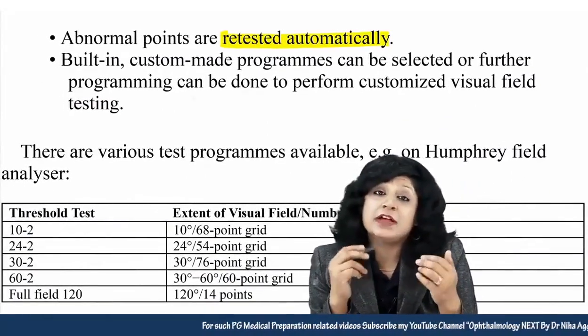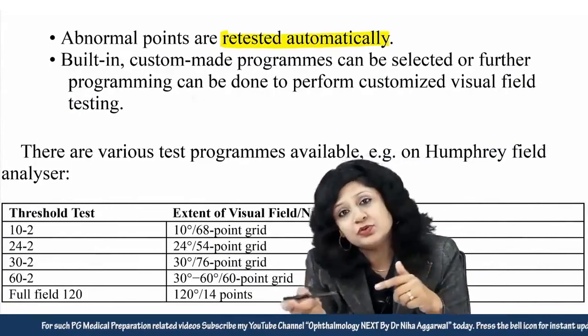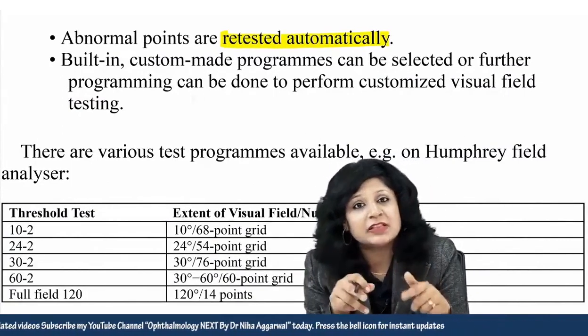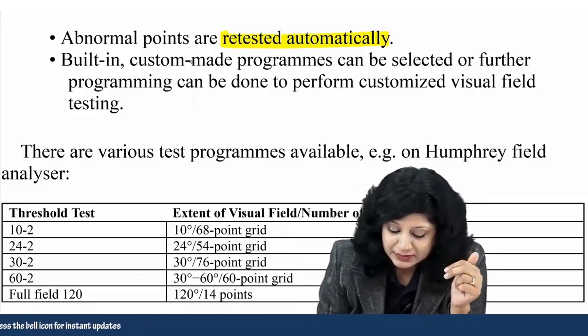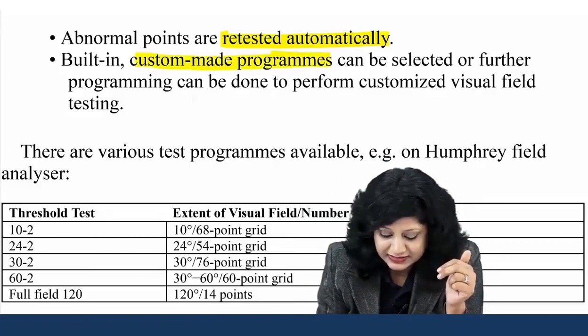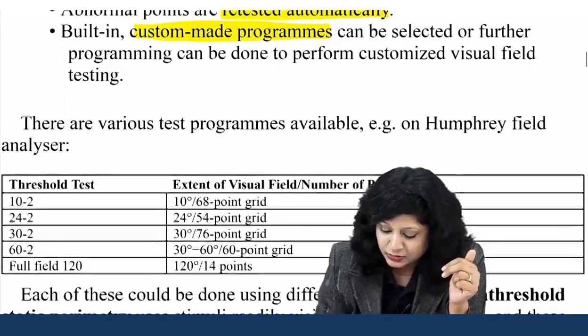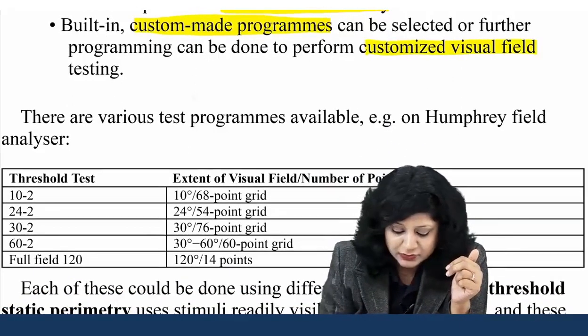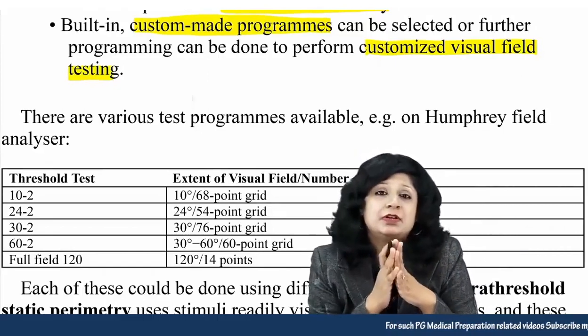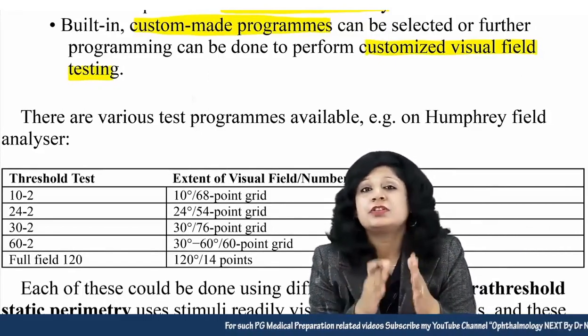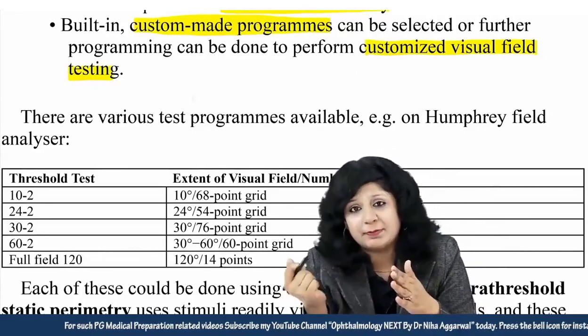If we were doing manual perimetry, I would like to retest those points which gave abnormal results; here it is done automatically. Then built-in custom-made programs can be selected, and further programming can be done to perform customized visual field testing. So there are many advantages of automated perimetry over manual perimetry.